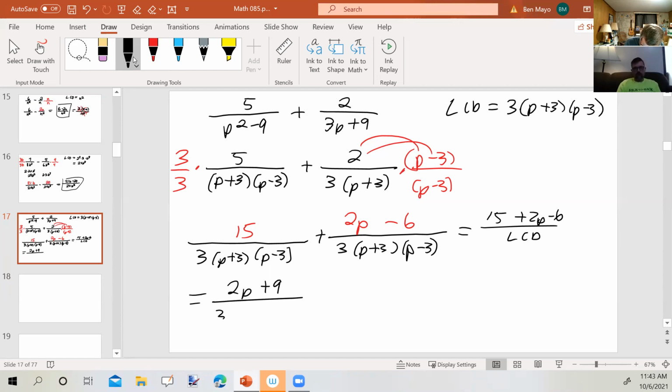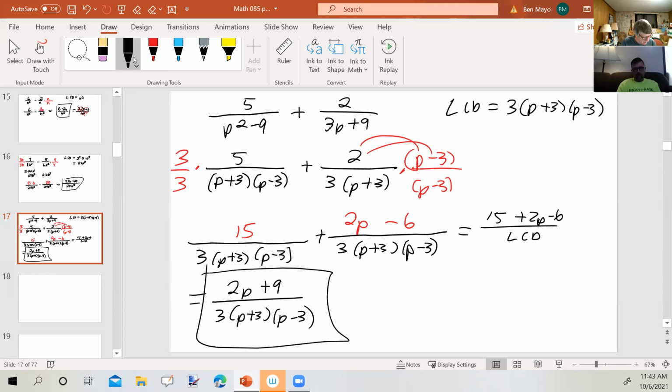And now I'm going to go ahead and write the LCD. There's nothing I can do to factor the numerator. So that's my final answer. The only difference would be if you wanted to multiply the denominator all out, but unless it asks you to, it shouldn't be required. So I would just go ahead and leave it like that. Any questions there?